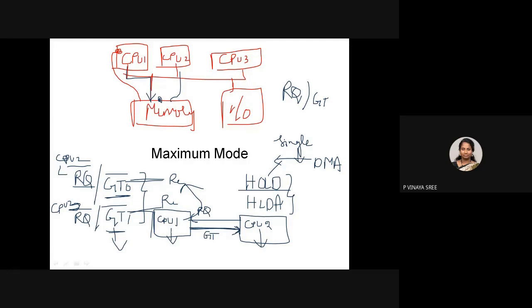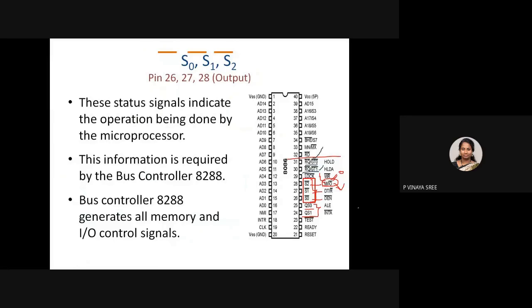If it is GT0, then this will have the highest priority, but this will have the lowest priority. Here I mentioned CPU 2, so it provides the service to CPU 2. Why? Because this has the highest priority when compared to this. Both are same, but we have set highest and lowest priority levels.